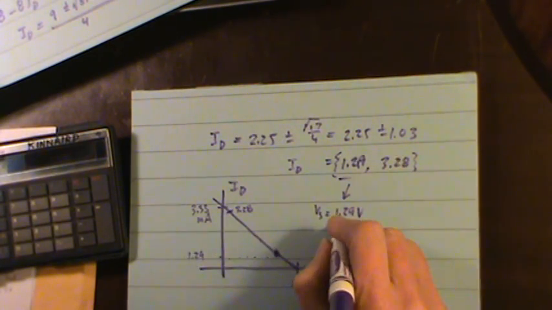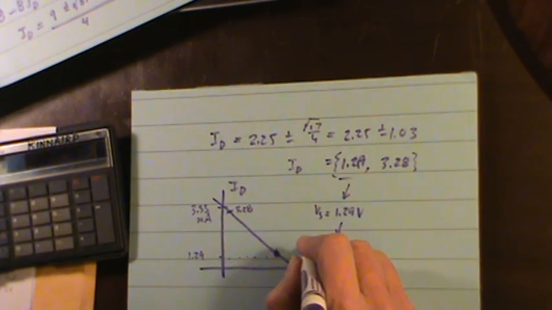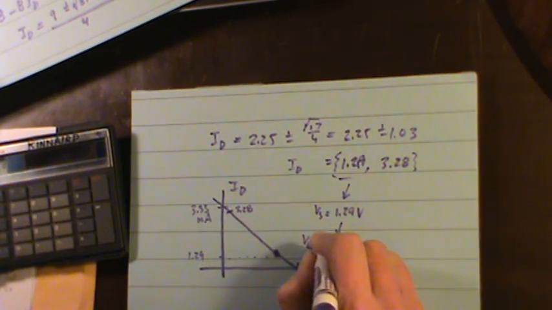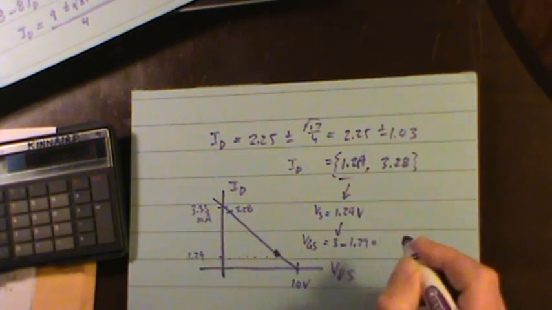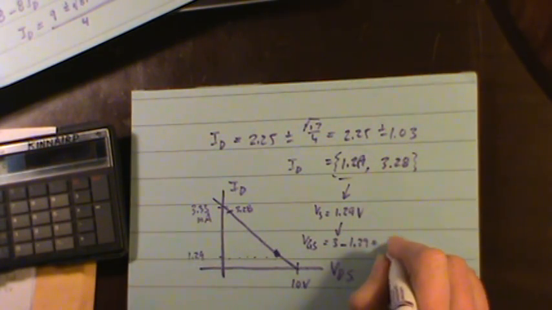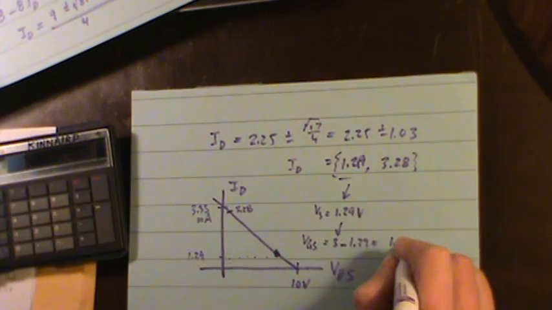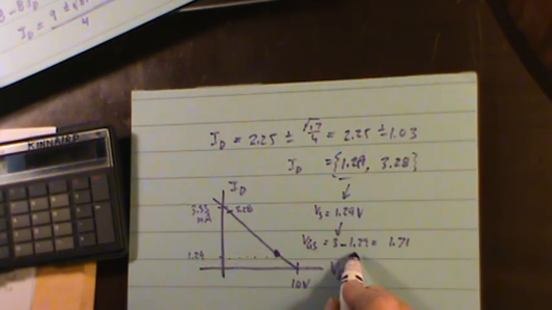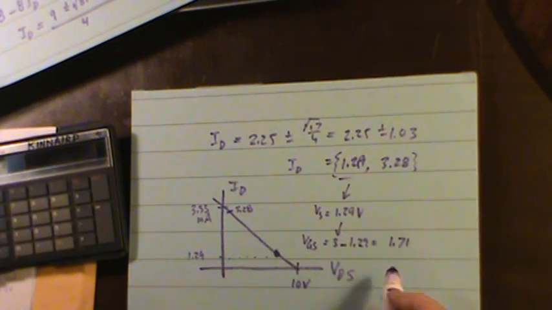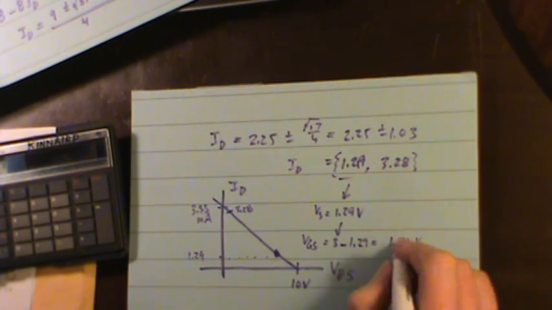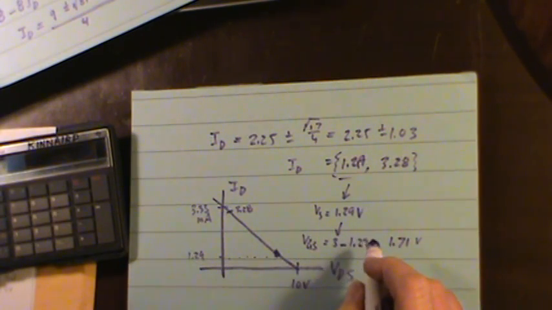And if that's true, then VGS equals 3 minus 1.29, which is 1.71. Yeah, okay, so 1.71 volts. That would be the VGS.